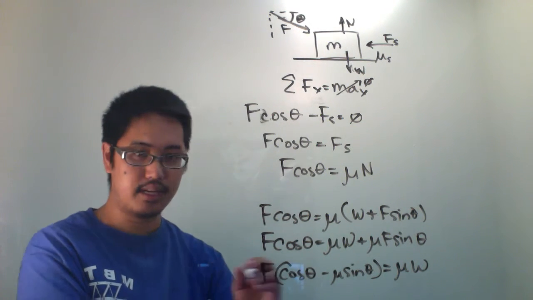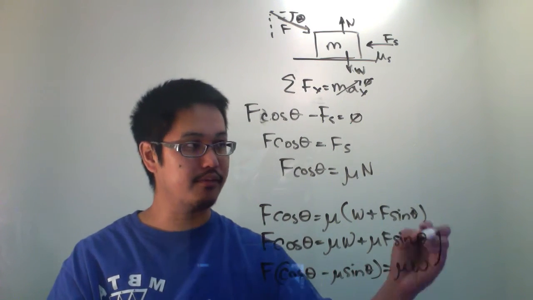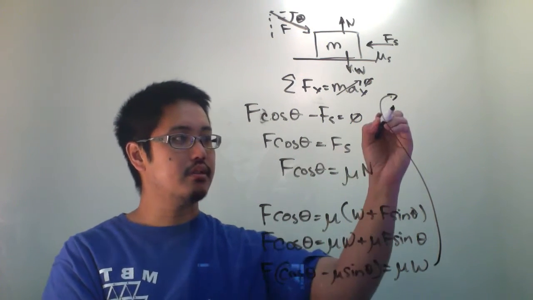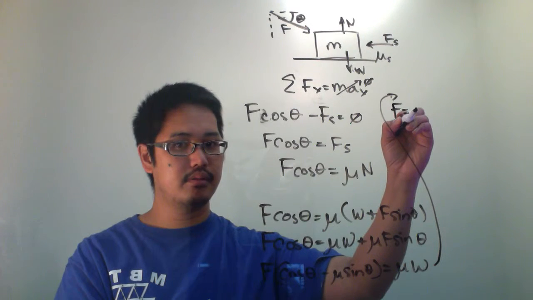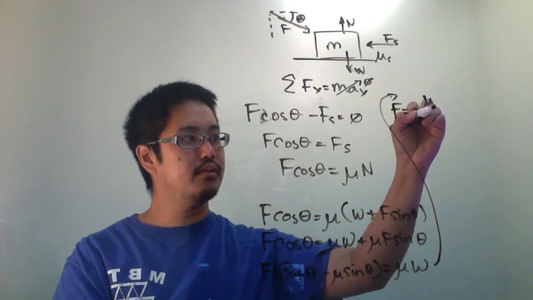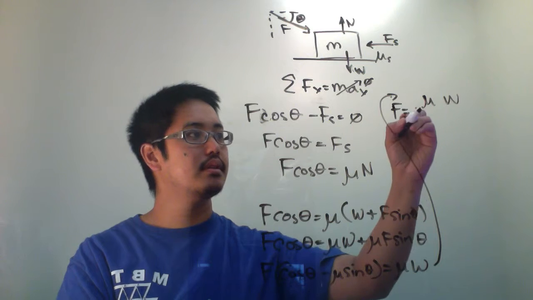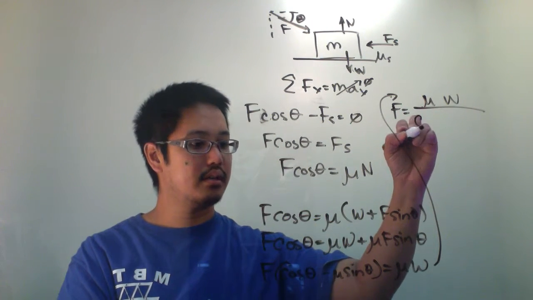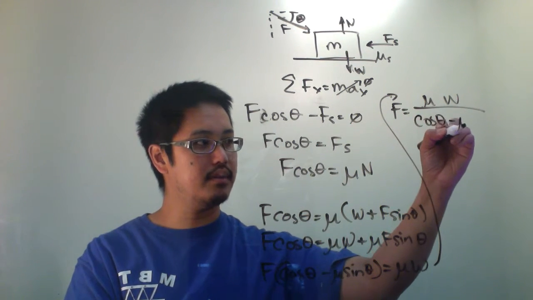I do a few steps in my head at a time, and then I pause and wait for you. All right. So F is equal to mu W divided by cosine theta minus mu sine theta.